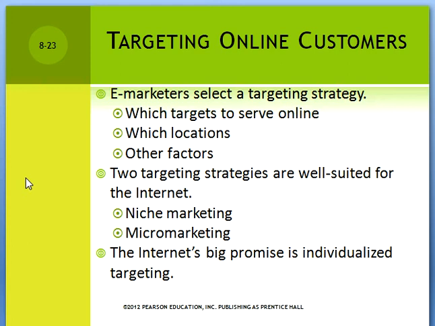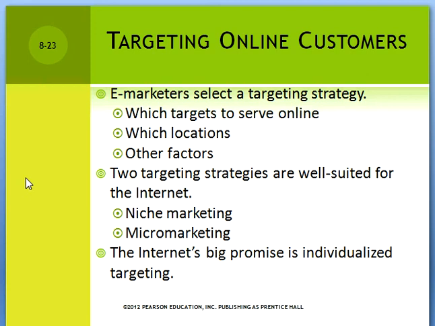These are small segments you're trying to cater to, and if they are spread all over, then the internet is the best way by which you can communicate to them or target them, because otherwise it will not be feasible for you to cater to their needs. But micro marketing is even closer to what we can call one-to-one marketing. Again, the beauty of the internet is that you are able to cater to the needs of individuals on a one-to-one basis as well. It's possible we can do that.